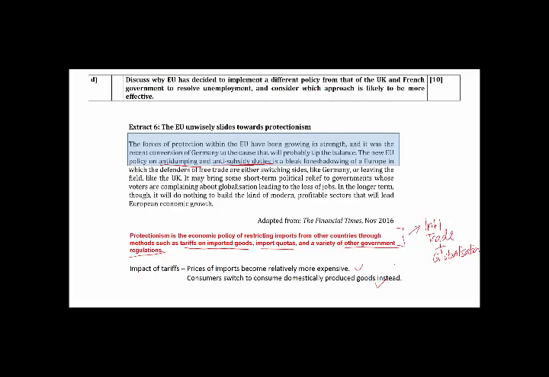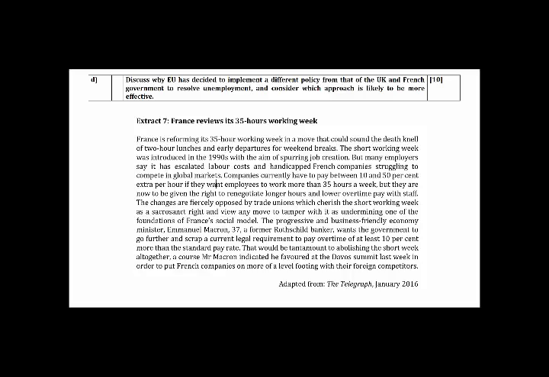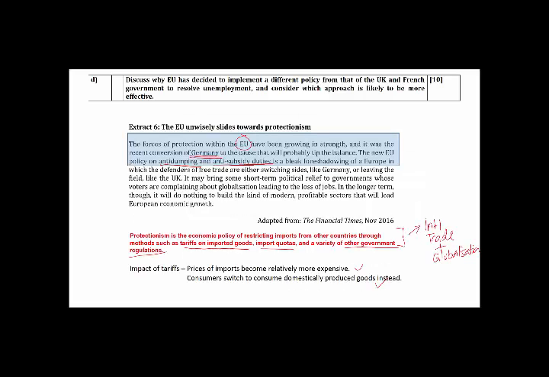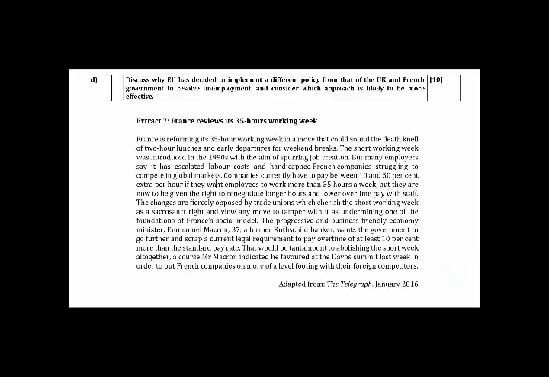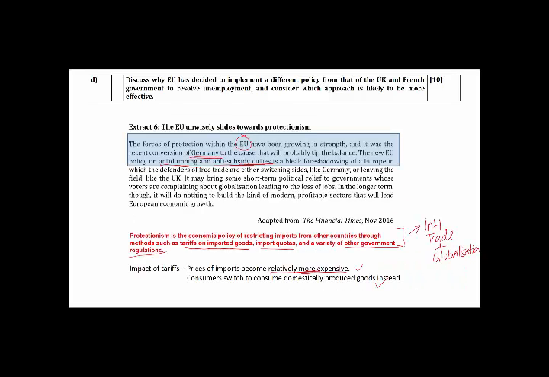I know I'm talking about US, China, etc., but let's come back to this context. This context here is of course using EU. So perhaps I should use EU to help you understand this better. So let's say Germany decides to impose these tariffs. What happens here is that imports that come into Germany will become relatively more expensive because tariffs are like taxes. This will add on to the price.